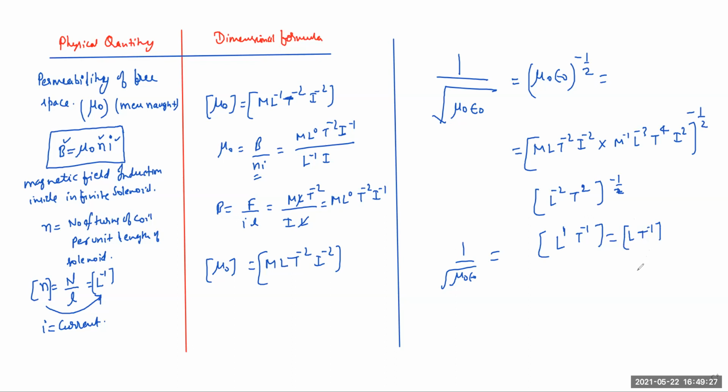And this is nothing but the dimension of speed, velocity, right? So LT minus 1 is the dimension of velocity. So you will realize that this is nothing but the speed of light. The speed of light has this dimension, and if you substitute the values of mu naught and epsilon naught, you'll get the nearest answer of light, which is 299.